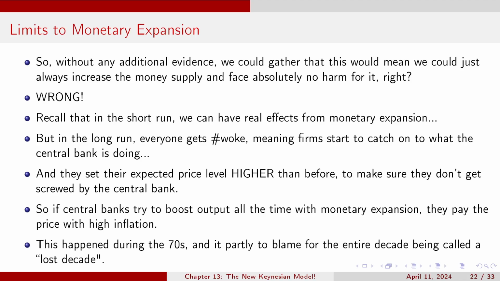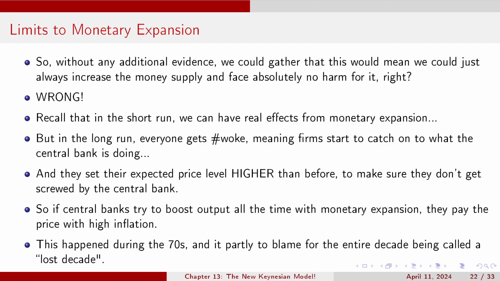They didn't really know what a lot of this stuff was. A lot of the terms that I'm even using now weren't really around back then. They didn't really get that you couldn't permanently engineer higher than flexible price equilibrium output. They were just like, let's try to get higher output. But as they were playing with it, they learned that really tough lesson: you do that, you're going to have higher inflation.